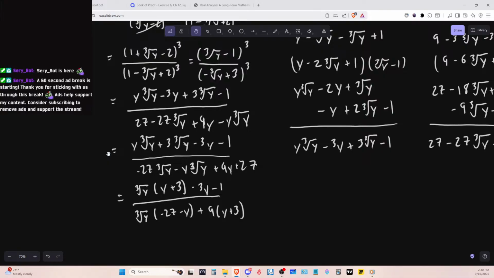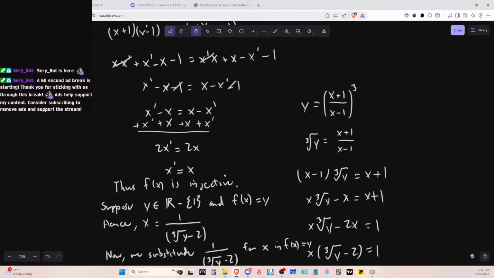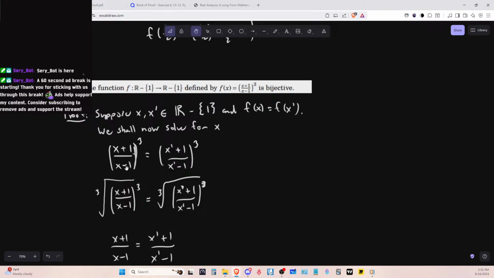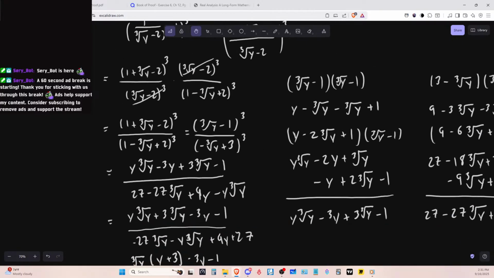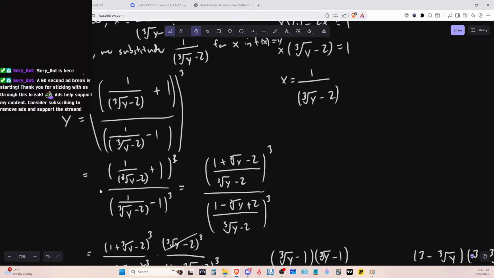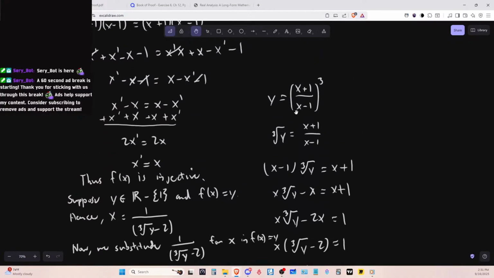Maybe it's not surjective. But it says prove that it's bijective. Yeah, defined by, is bijective. So that means it has to be bijective. Let me see if I did anything wrong with my algebra here.